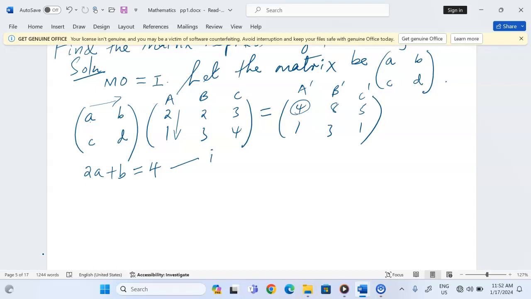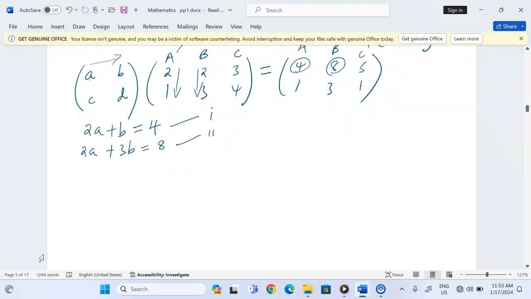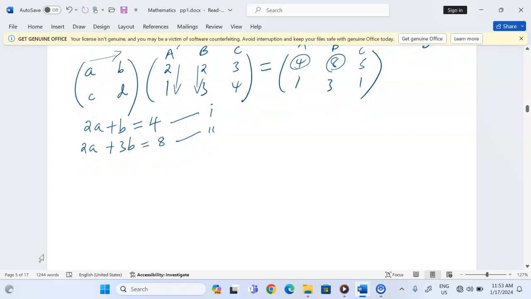Then again, the same row times the next column should give us the second element, so 2A plus 3B should give us 8. This is the second equation. So these are already two equations in A and B, and we can solve them simultaneously. Simultaneous equations can be solved using around 4 methods.